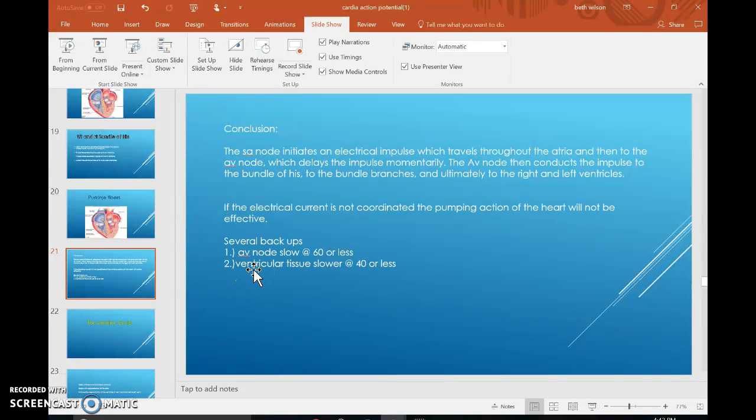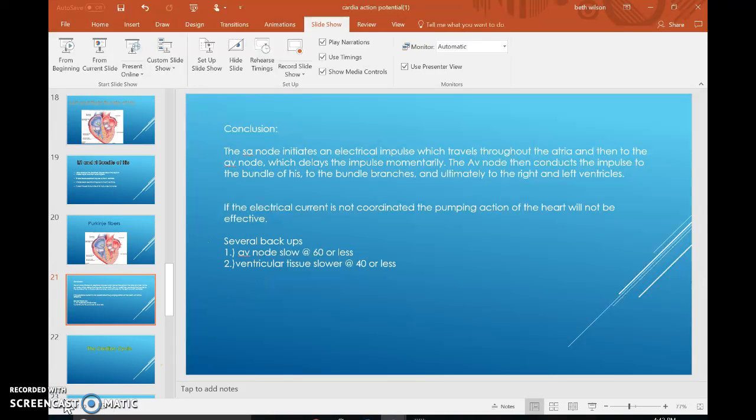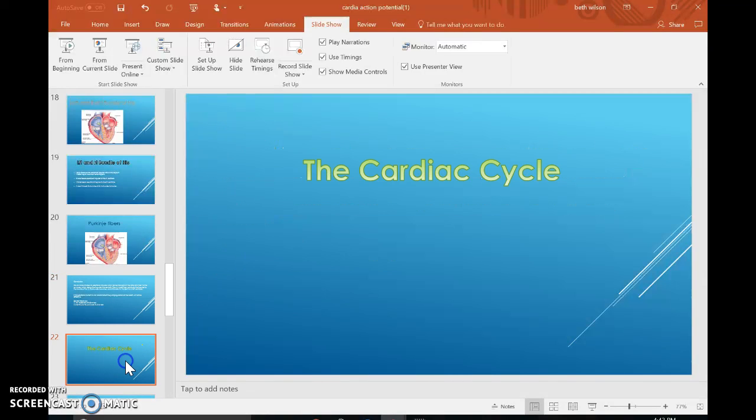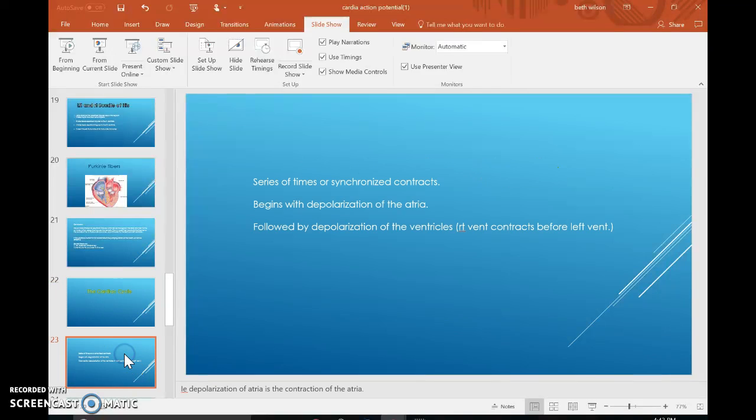Okay? And then if the AV node fails, then the underlying ventricular tissues, it moves on to the bundle of His, and your heart rate will be at 40 or less. Okay? So again, the SA node, AV node, all that stuff is also what's shown on your EKG.